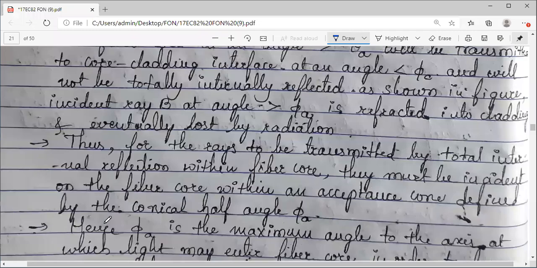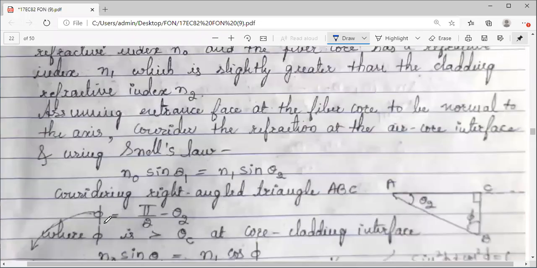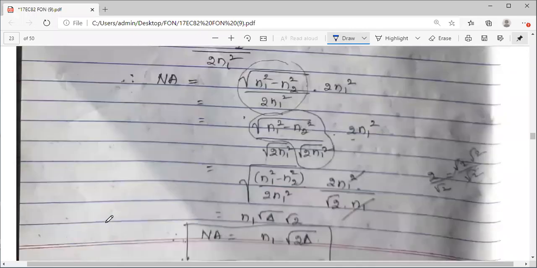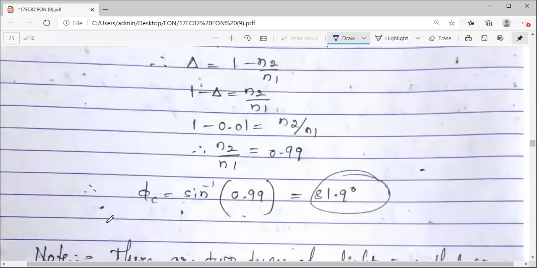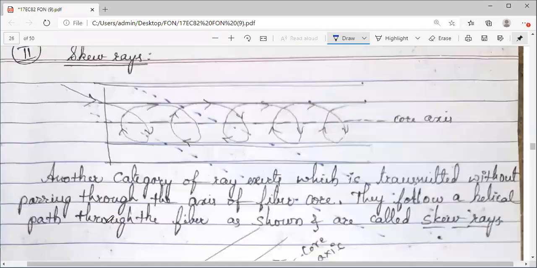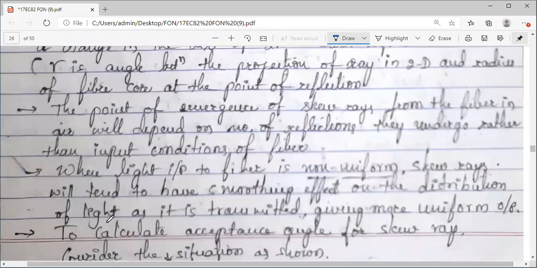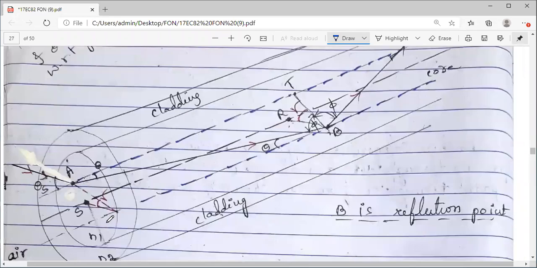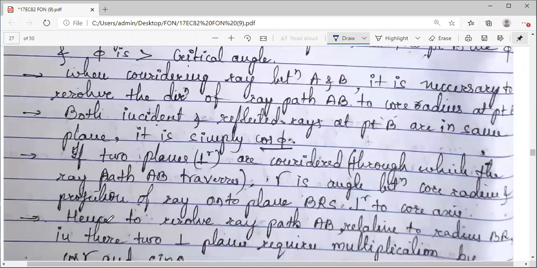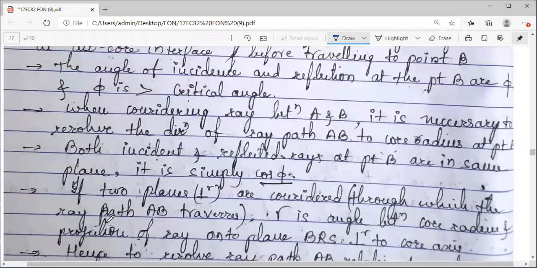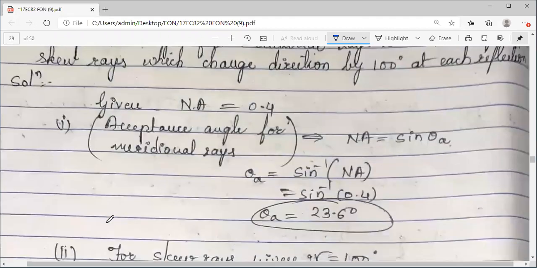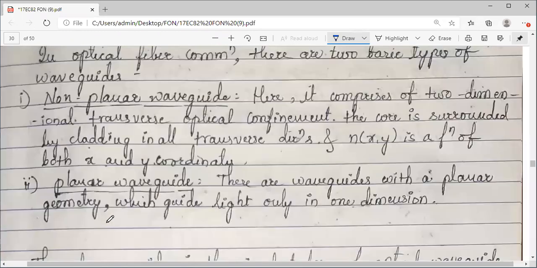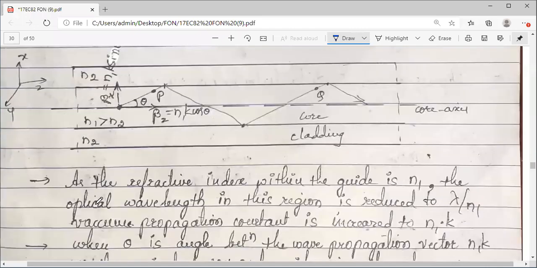Probably in meridional and skew rays itself I have got it. The time is very less. Still, let me just try searching that slide, which is giving you this relation. I didn't get it. Let's see if I can get it, I'll share that.